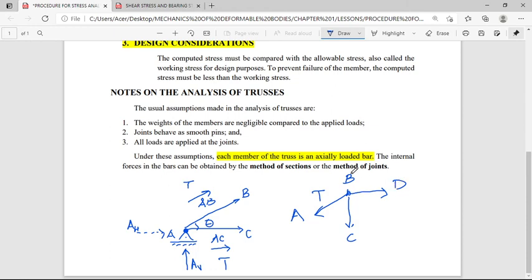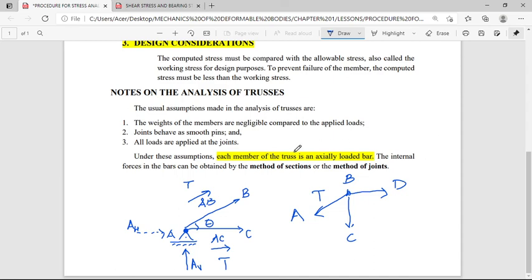So, ganun lang yun. Doon sila nagre-react sa joints kasi doon sila connected. And once you consider a joint, lahat ng force na nag-act doon or yung system of force na yun is a concurrent force system. So, yun lang naman. So, you'll analyze the joints using equations of equilibrium, obviously.